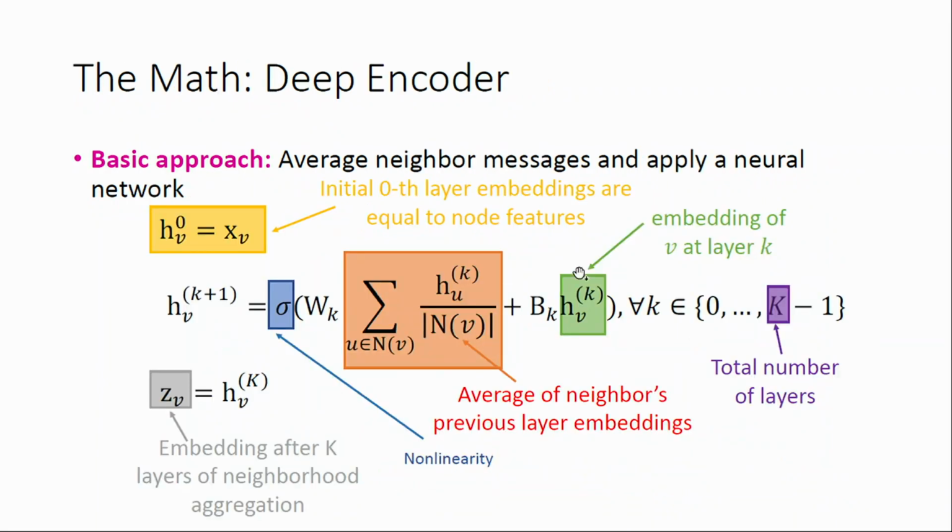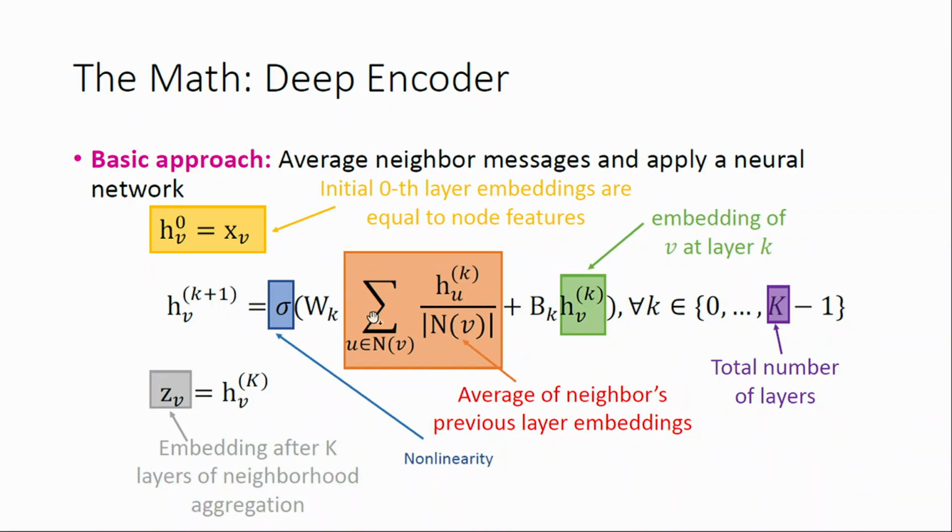A very common way of doing that is through this formulation. If you just look at the intermediate part, it looks similar to an MLP, where you have a weight matrix and a bias. What it does here is first the aggregation, where the aggregation is done by taking the average of the embeddings or messages from your neighbors.